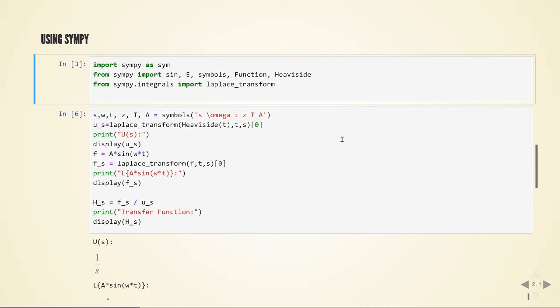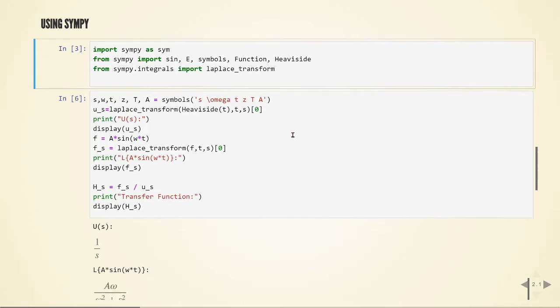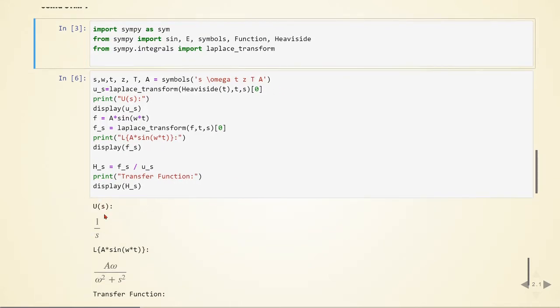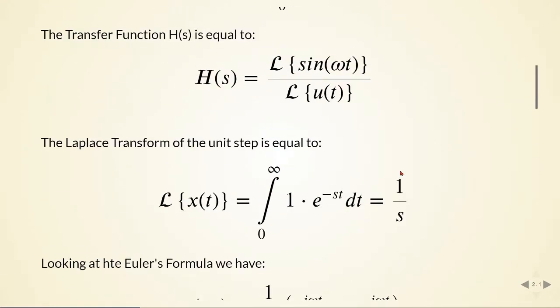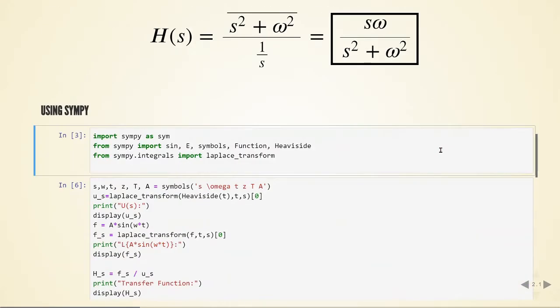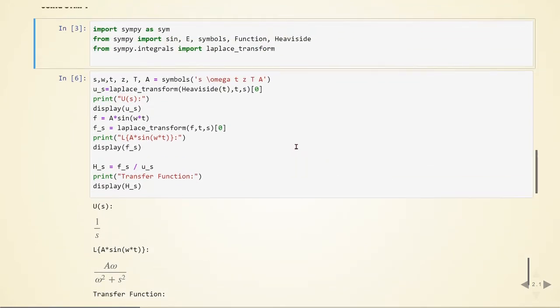So what we are doing now is the Laplace transform of the unit step, so it's the Laplace transform of the Heaviside of t, and then we have that the Laplace transform is 1 divided by s, like we obtained from here. Now I want to calculate the Laplace transform of the sine.